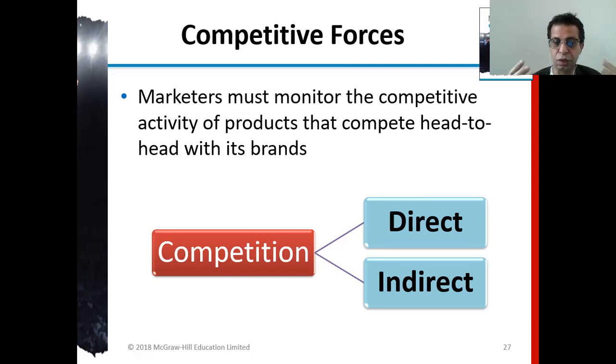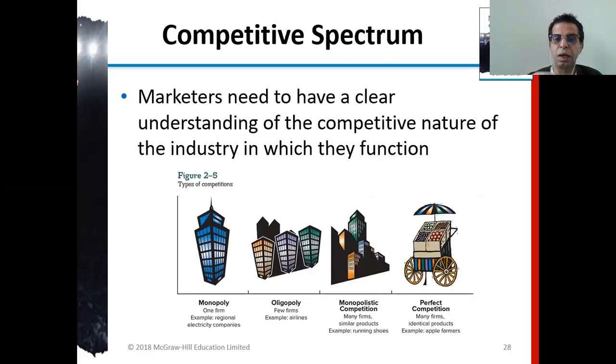Those are important things, direct and indirect competition, to look at. In the competitive spectrum, you need to look once again at the major environment.